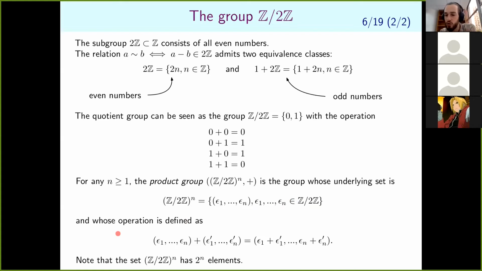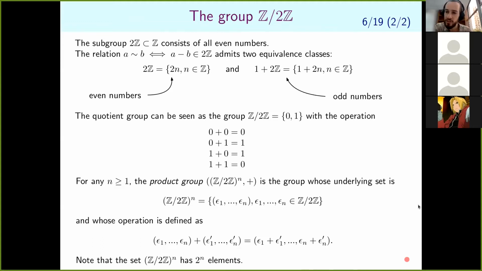And the group operation on the product is given by this formula. You just sum the elements coordinate per coordinate. Also remark that Z over 2Z to the n is a set that has 2 to the n elements. Okay, this is it for quotient groups.